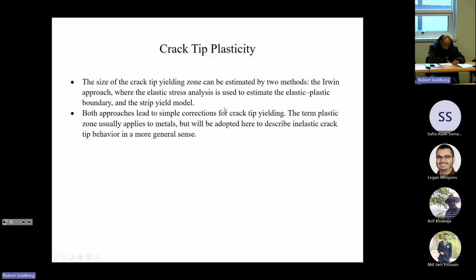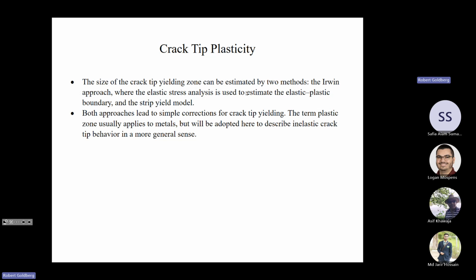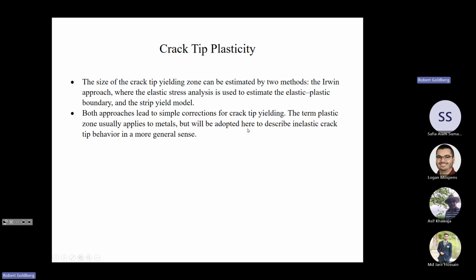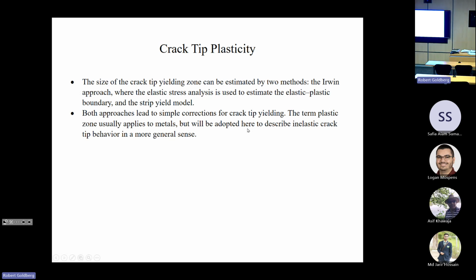Both approaches lead to simple corrections for crack tip yielding. Now, when you think of a plastic zone, it applies just to metals, but people have applied these techniques to other types of material systems, polymers, ceramics, etc., which don't meet the definitions of plasticity in the classical sense that you think of for metals.